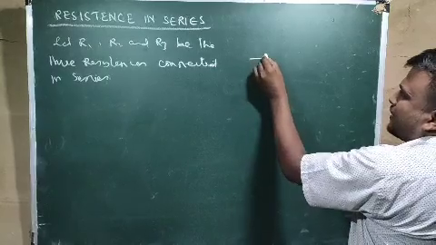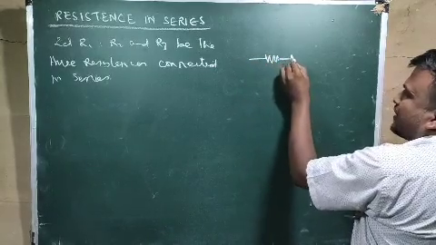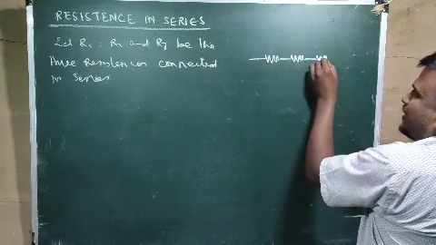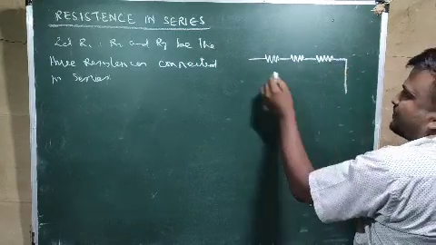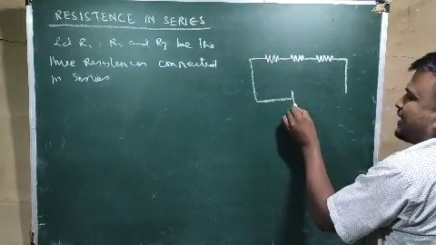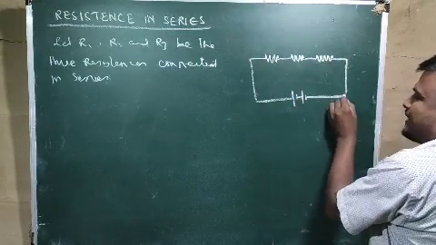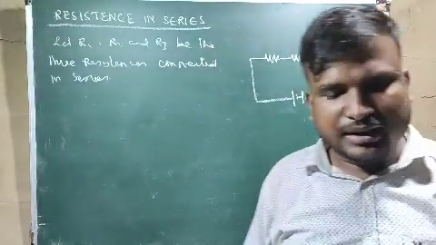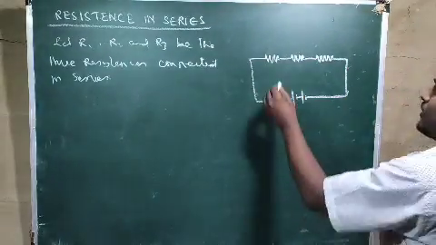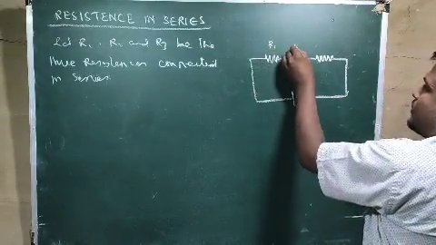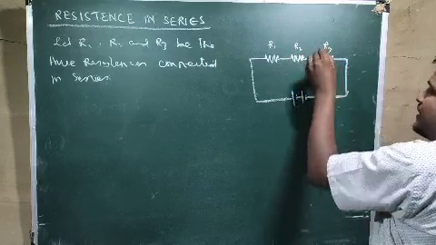Series means, you see, this is a resistance, this is a resistance, and this is the third resistance. This kind of connection is called the series combination of resistances. This one is R1, this one is R2, and this one is R3.